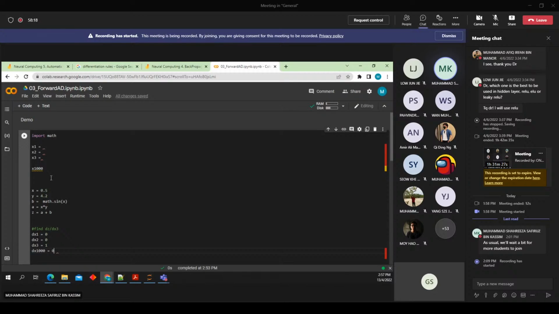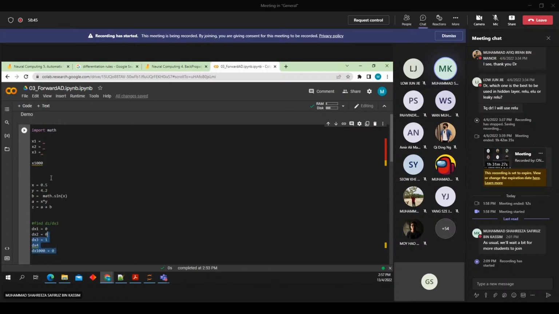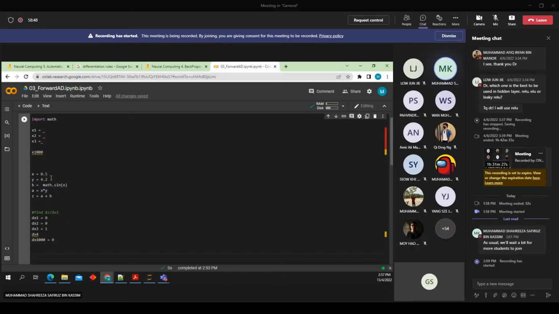And here is 0 again, right? So assume that you have dx4, and so on until dx1000. We have 1000 variables of x's. Okay? So you have to set all the others as zeros, and you're setting the one that you are interested in. This is what you're interested in. Okay, and that is just computationally very inefficient. This is very inefficient.